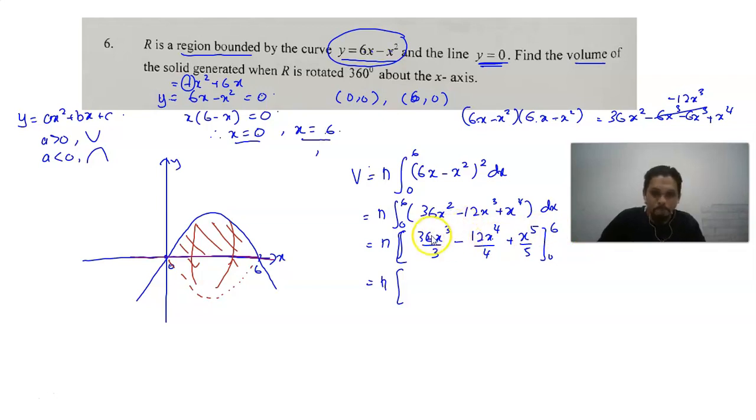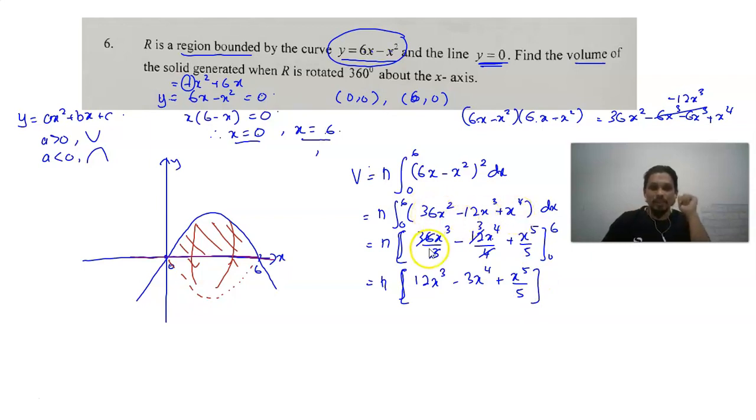Before that, I recall, let's simplify this first. 36 divided by 3, 12x cubed, 12 divided by 4 equals 3. So minus 3x to the power of 4 plus x to the power of 5 over 5.